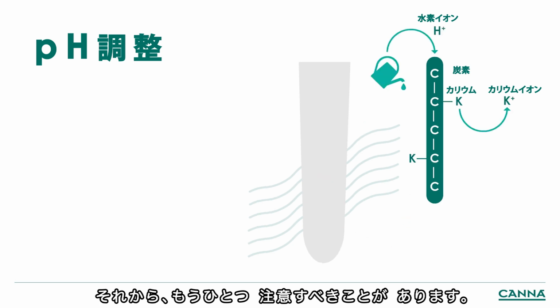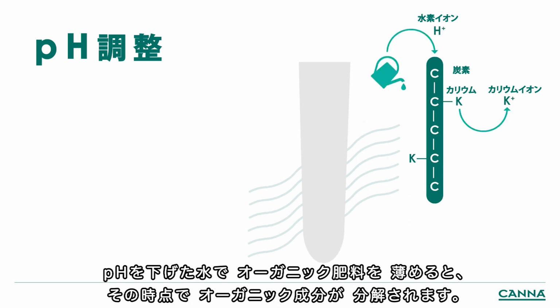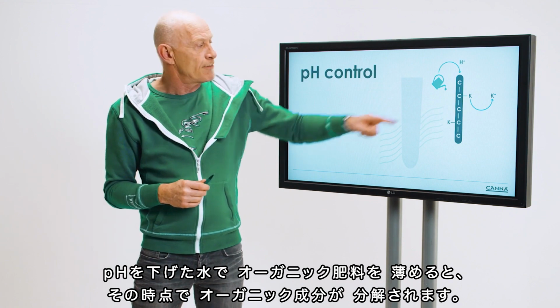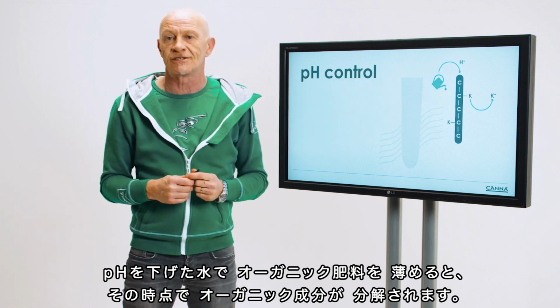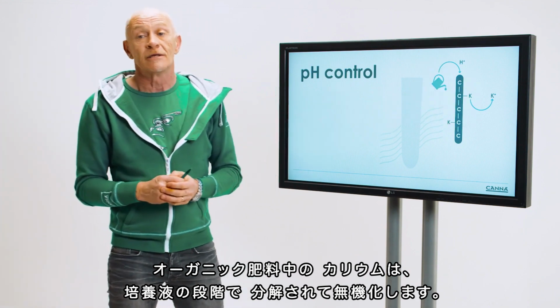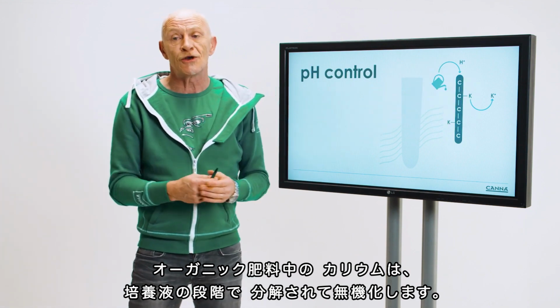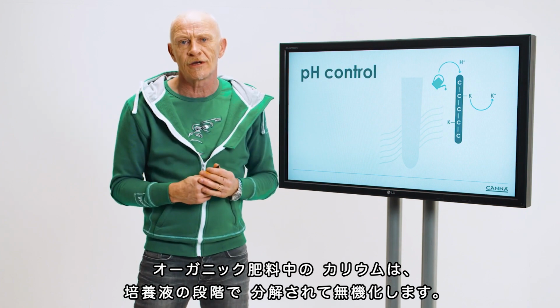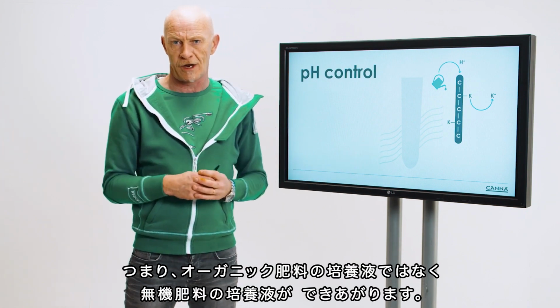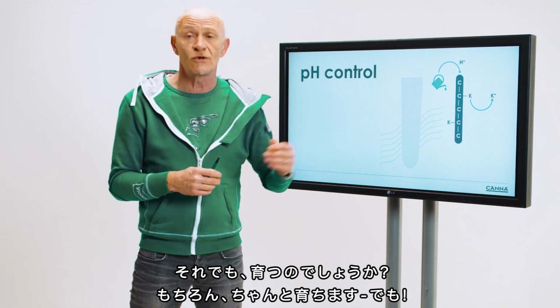But you also have to watch out, because if you start to pH your water, then that acid from your water can break the organic fertilizer. And then, of course, that acid will break the potassium, in this case, from the organic fertilizer, which means you made a mineral fertilizer. Can you grow on it?